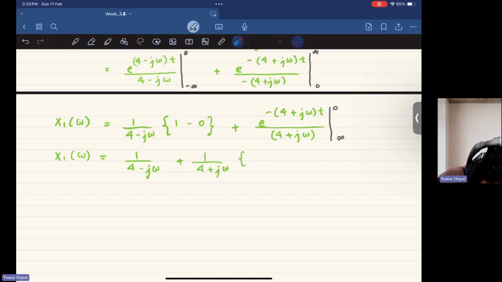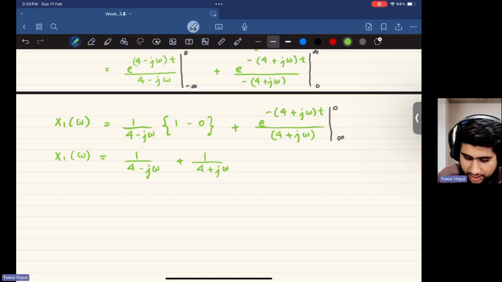See, when this t is 0, this would be 1. And when this t is infinity, this whole thing would tend to 0, right? So it would be 1 minus 0. 1 minus 0 is 1. So we get this answer, right? 1 by 4 minus j omega plus 1 by 4 plus j omega.